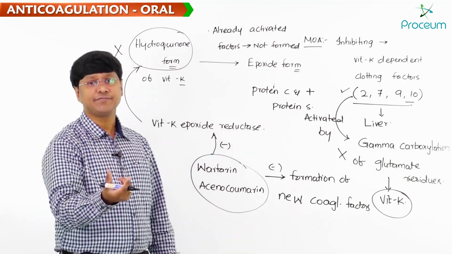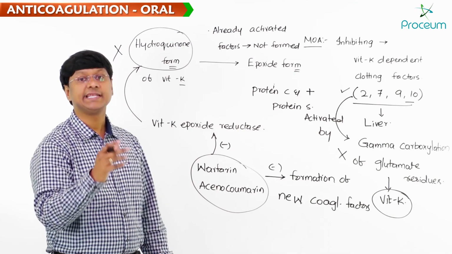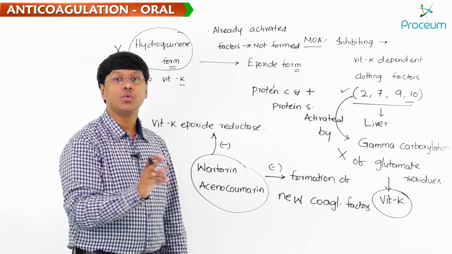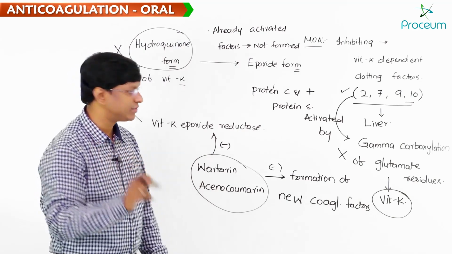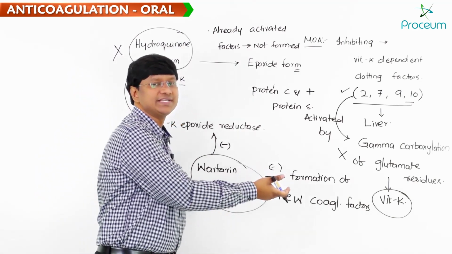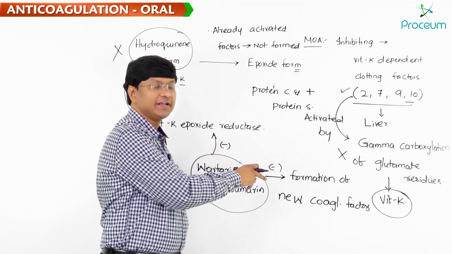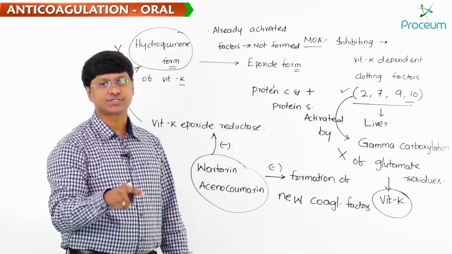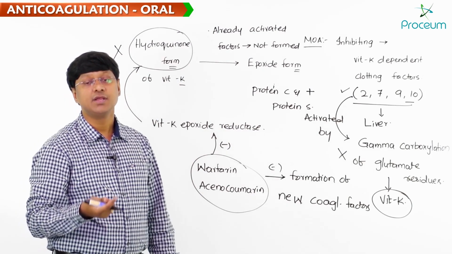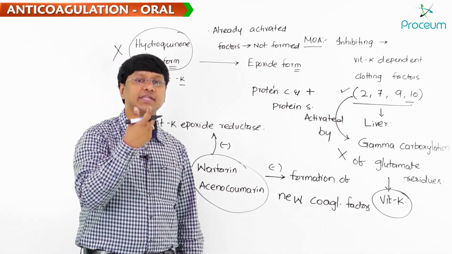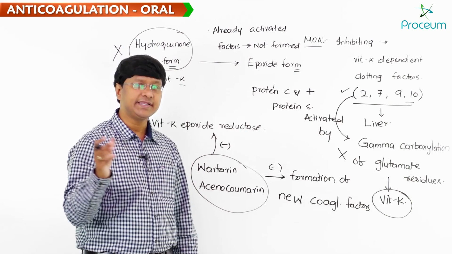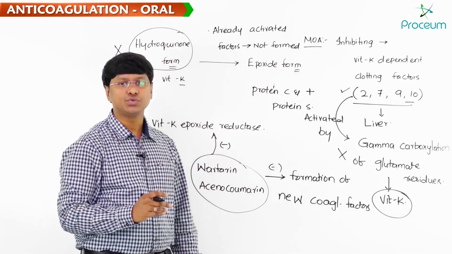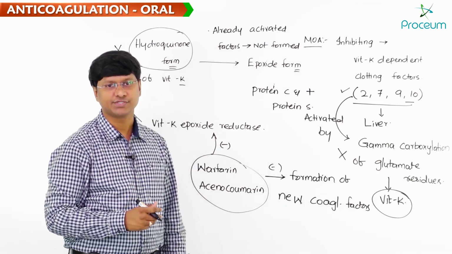So, the onset of action of Warfarin takes nearly 2 to 3 days. Why? Because Warfarin is only inhibiting the newly synthesized factors, but it is not inhibiting the already activated factors. So, the onset of action of Warfarin or Sucribe is not immediate. It takes a time period of nearly 2 to 3 days or even 2 to 4 days.